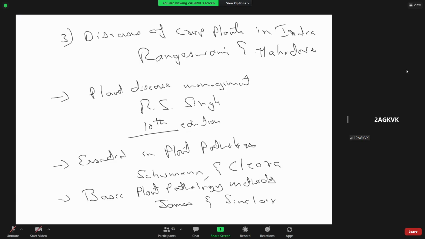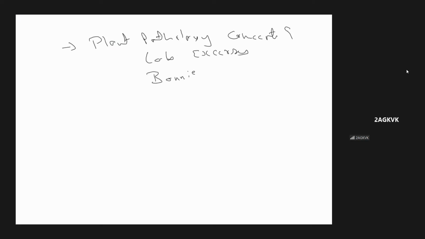And also, there are some laboratory-based books, which is Plant Pathology Concepts and Laboratory Exercises, which is written by Boney, Powlen, Robert, and Triviano.